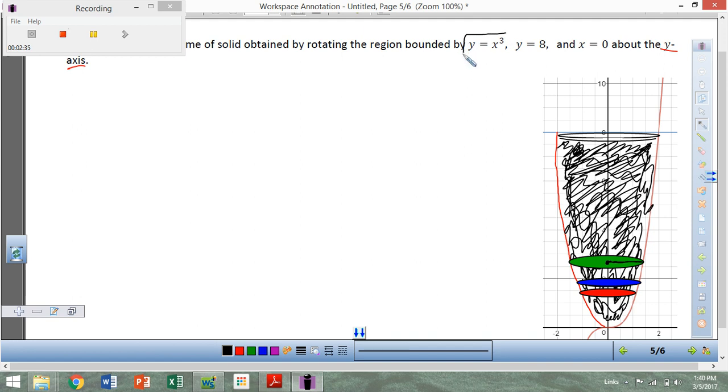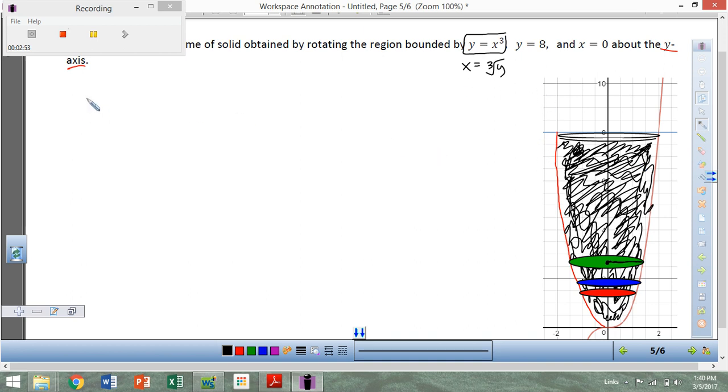So I'm going to have to take whatever function I have, if it's defined in terms of x, and solve that for x so I can write it in terms of y. So I want to think of this as x equals the cube root of y. That's how I'm going to think of this red curve, as x equals the cube root of y.